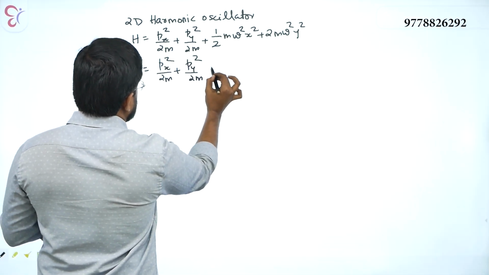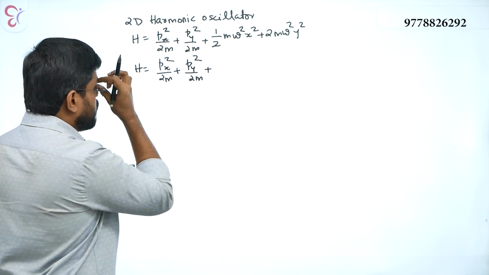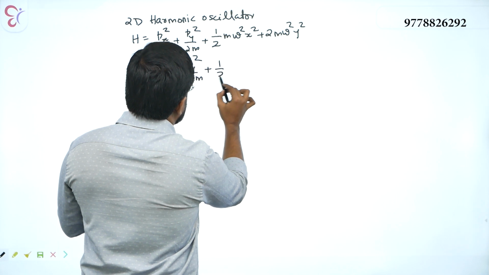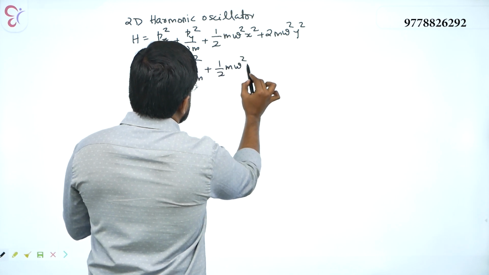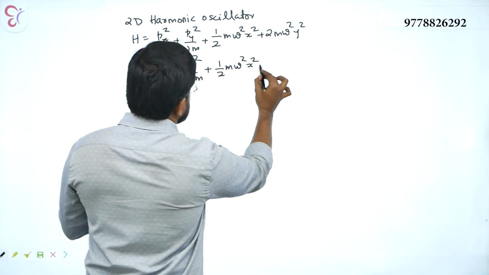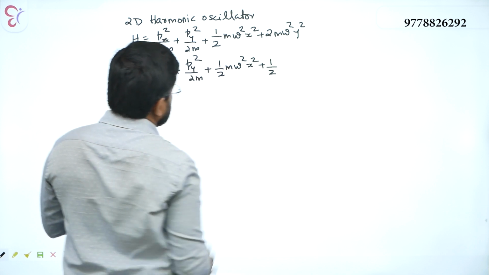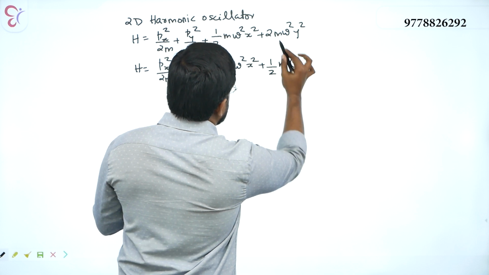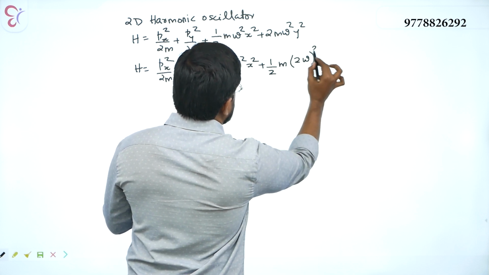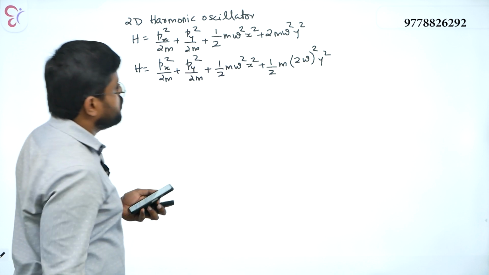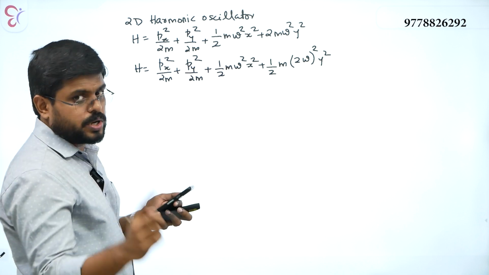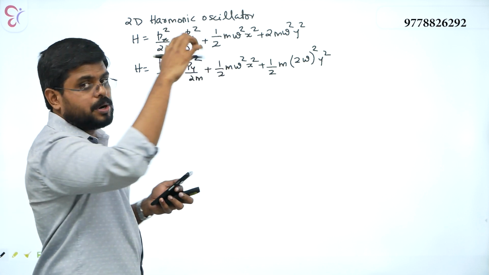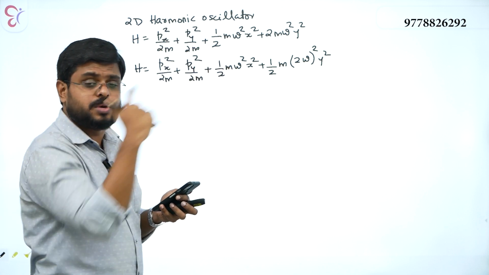It is the same as our general expression, plus (1/2) m ω² x², same, plus, substituting the half here, (1/2) m × 2 ω² y². It is very crucial to change the given Hamiltonian into the form of the Hamiltonian which we have studied.